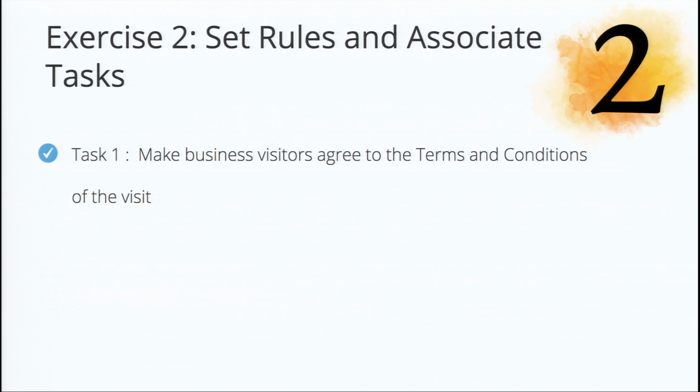So we are going to set a rule that if the purpose or the reason of visit is business, only then they need to have terms and conditions agreed. So there is a rule and there is a task. The rule is that if the reason for visit is business, and the task is to show this particular field, the terms and conditions field, to those who are coming for the business visit. This is what we are going to achieve.